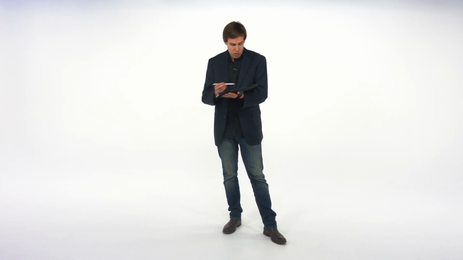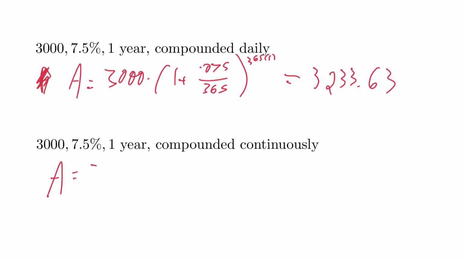In fact, if we allow the rate to go to infinity, that is, I'm compounding every time instant, we can see exactly what the best I can hope for is. In this case, we follow the PERT model, so 3,000 times e to the 0.075, and this is equal to 3,233.65.